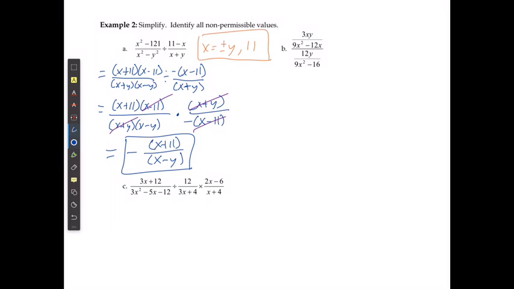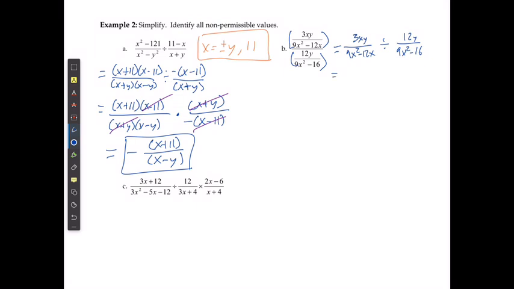For example B, I have a full fraction divided by another full fraction. So I'm just going to rewrite this in a way that makes more sense to me. I'm going to say this is going to be the same as 3xy over 9x squared minus 12x divided by 12y over 9x squared minus 16.